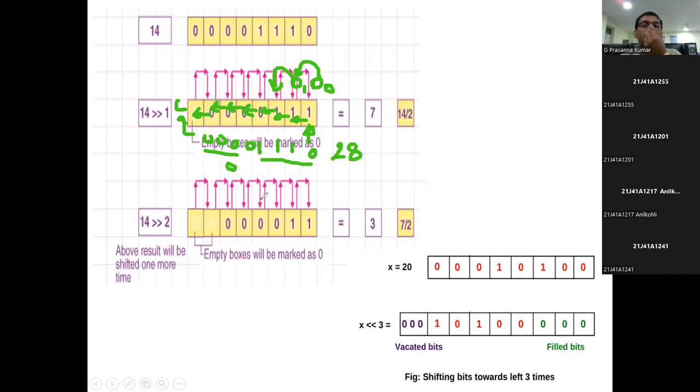Okay, 16 plus 8 plus 4 is 28. If the initial value is 7, 7 multiplied by 2, one time shift left means multiplied by 2, which is equal to 14. If you use 14 multiplied by 2, it is 28. Okay, that is about the shift operation.